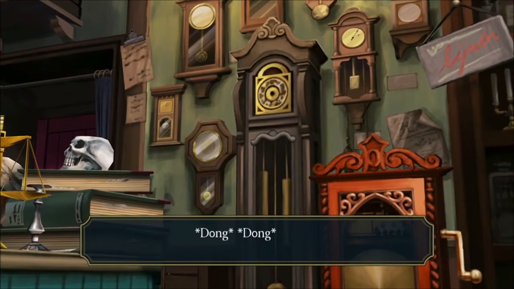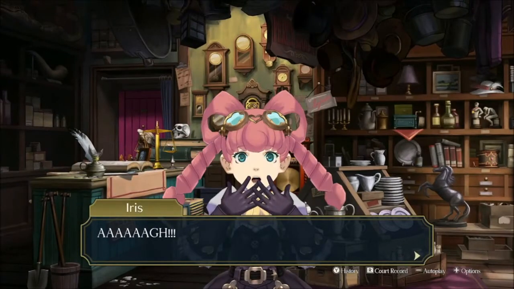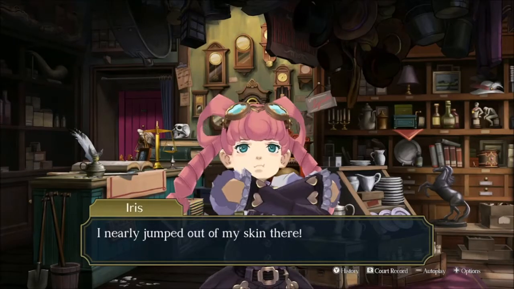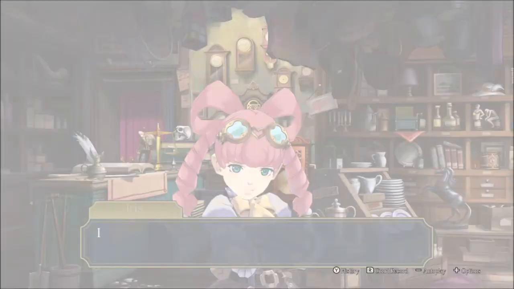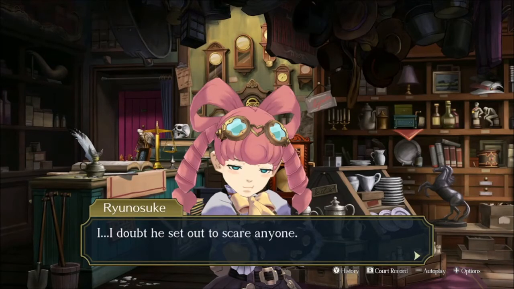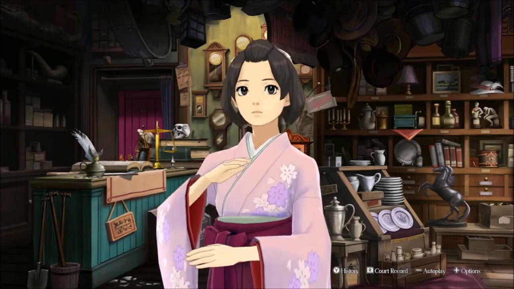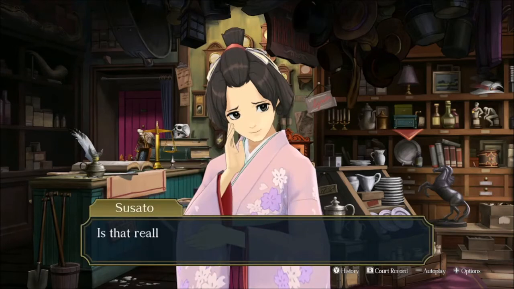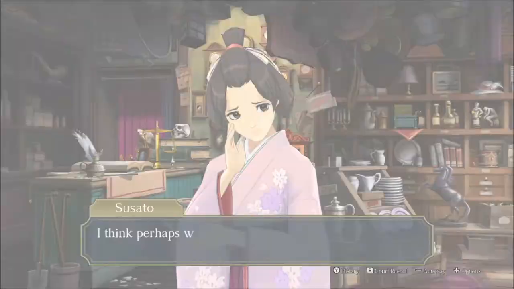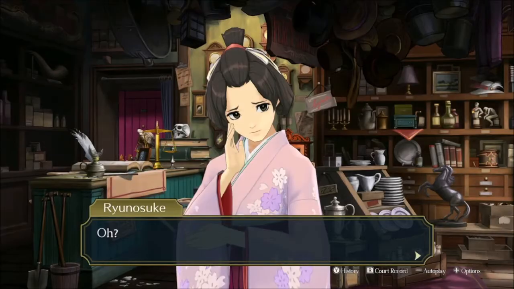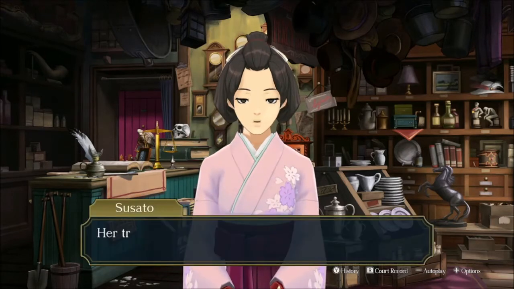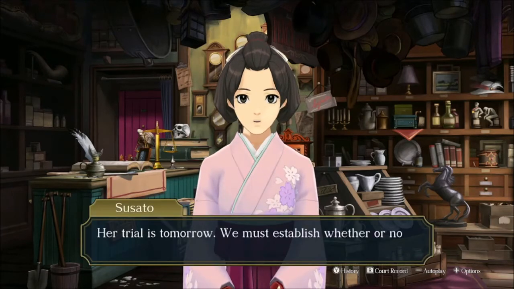Whoa. What's this? All of the cuckoo clocks going off at once. Maybe we should visit Gina. But I wanted to examine the boxes.